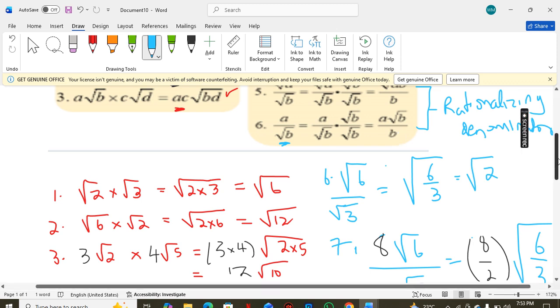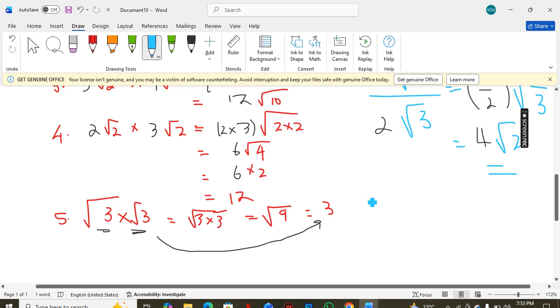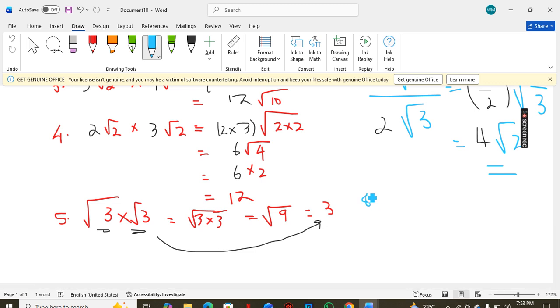So let me illustrate that with numbers. Let's say, for example, you have 3 over the root of 6. Okay. So we need to get rid of this root of 6 in the denominator. So how do we do that? We multiply the numerator with the root of 6 and we multiply the denominator with the root of 6.